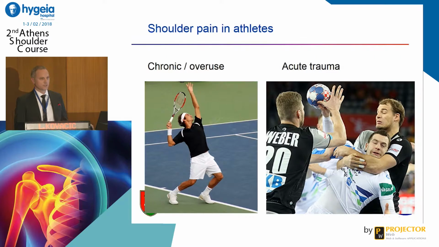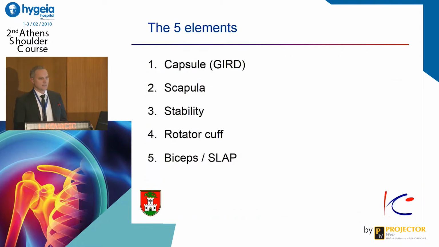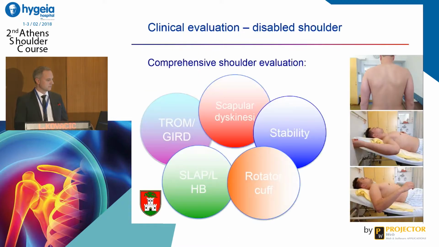So we have heard already that shoulder pain in athletes can be due to acute trauma or chronic overuse injuries. And it is very important to know that the pain may come from 5 elements. This is capsule, scapula, the reason might be shoulder instability, rotator cuff problems, or biceps tendon.